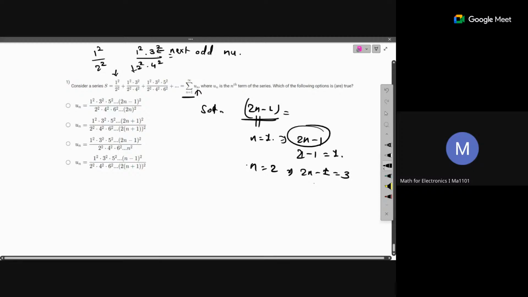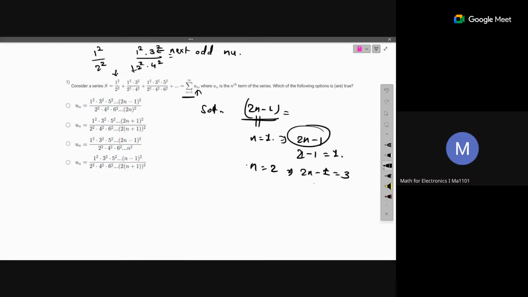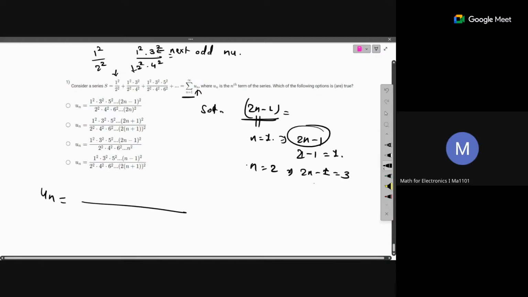So 2n minus 1 is the expression which says that this will be an odd number, right? So if un is there, then in the numerator we have 1 square into 3 square into 5 square and so on. The nth odd number is given by 2n minus 1, so it will be 2n minus 1 whole square. So the numerator we figured out.